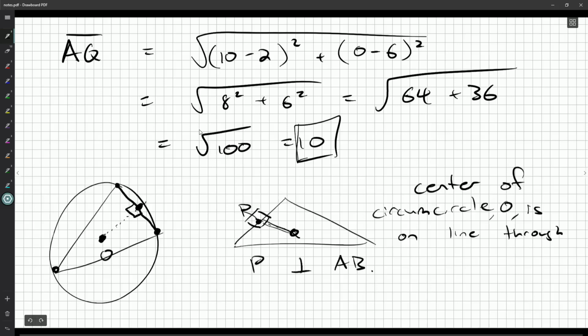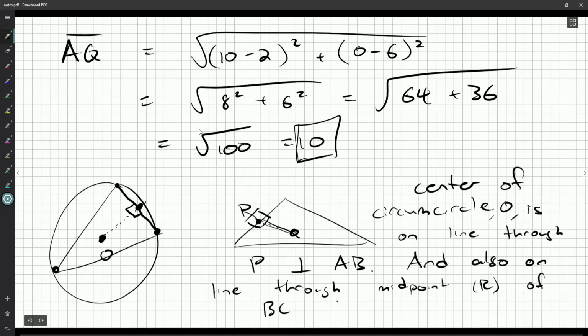Now that's true, it's also on the line through the midpoint, maybe call it R, because we don't have an R yet, of BC perpendicular to BC. You don't just have to do it with one, if it works for all the sides.